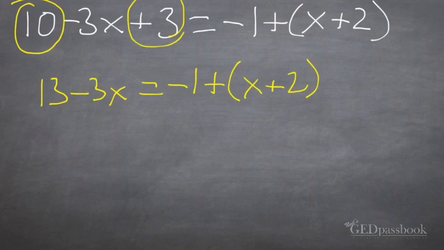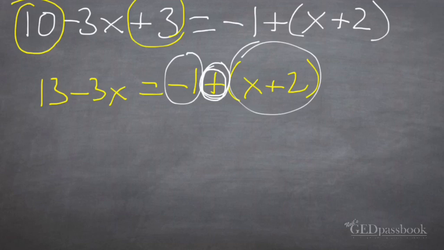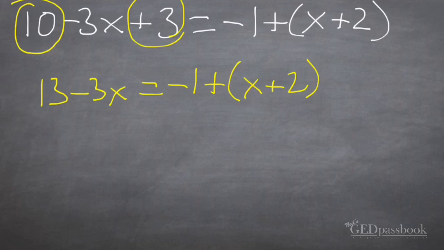Thing is, no, that's not true, because if you remember by my non-FOIL problem videos, this is a plus, right? It's separating this 1 from this parentheses. So it doesn't mean multiplication, it means plus. So you can't distribute that. That would mean multiplication. If it didn't have a plus, then yes, and you distribute the -1. But it does have a plus.